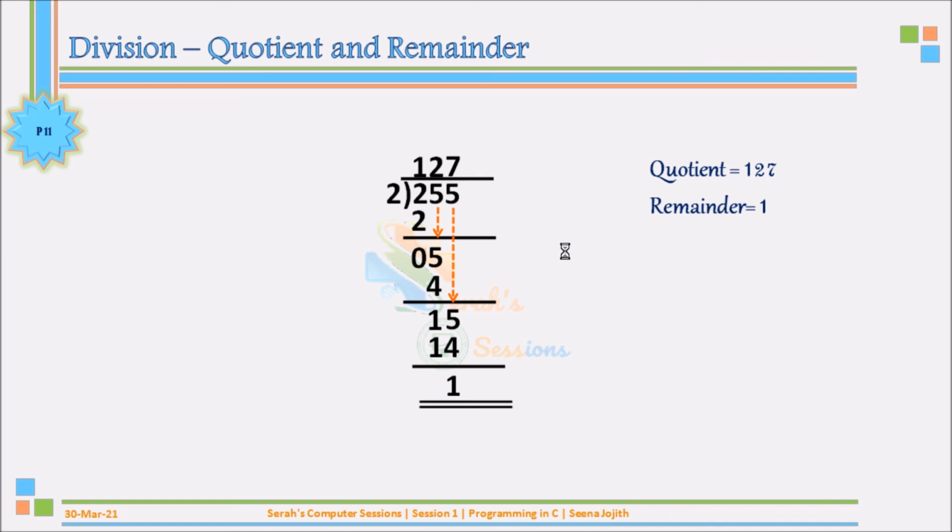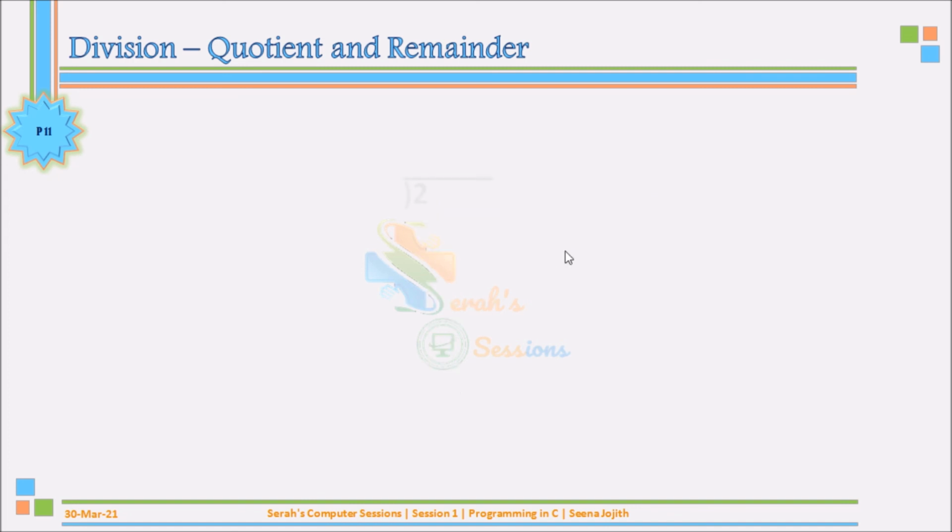Let's take another example. Yes, here I am taking my dividend as 2 and divisor as 10. So here you can see that 2 is lesser than 10. So obviously what will come on the top? 0. 0 into 10 gives us 0 and the remainder will be 2.